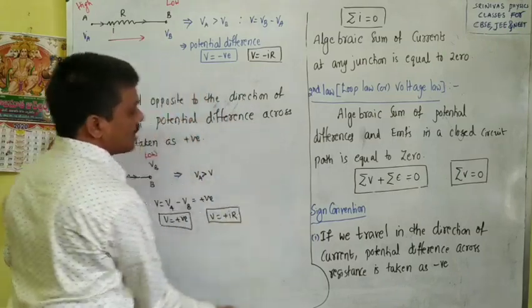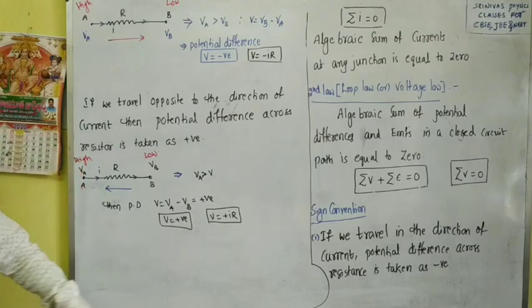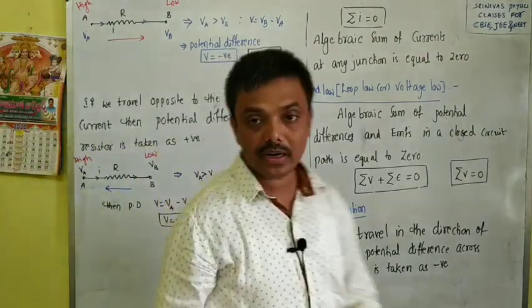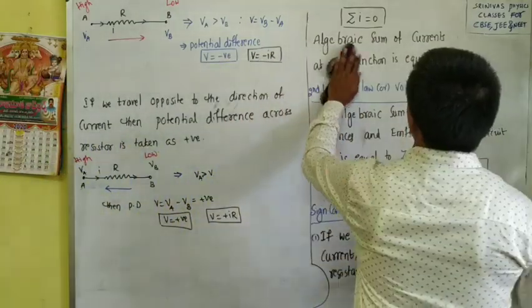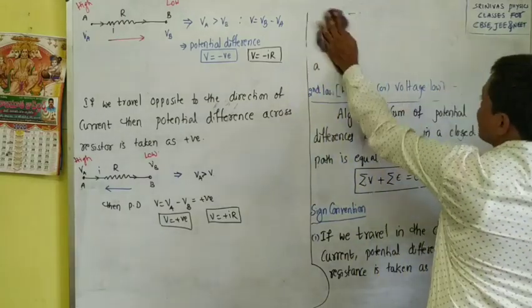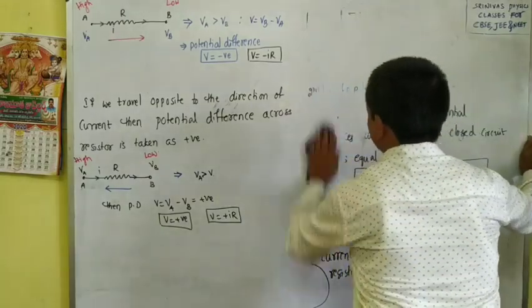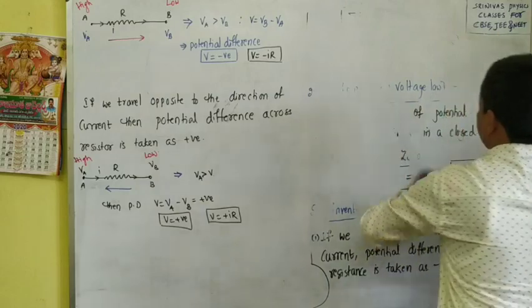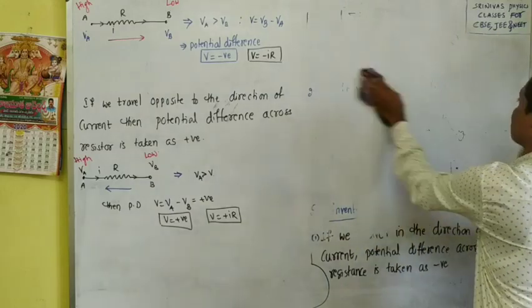Now the cell I am going to explain. Look at here. This is the first point, very important. Now the second point is the sign convention rule.